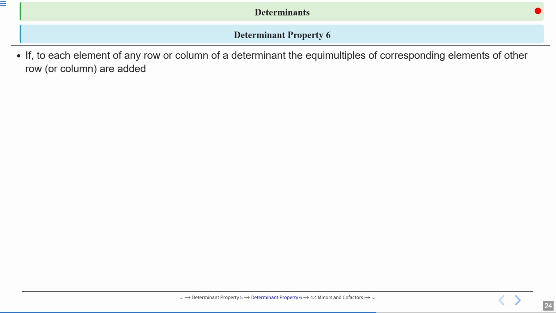Now property 6 is: if to each element of any row or column of a determinant, the equimultiples of corresponding elements of another row are added, then the value of the determinant remains the same.